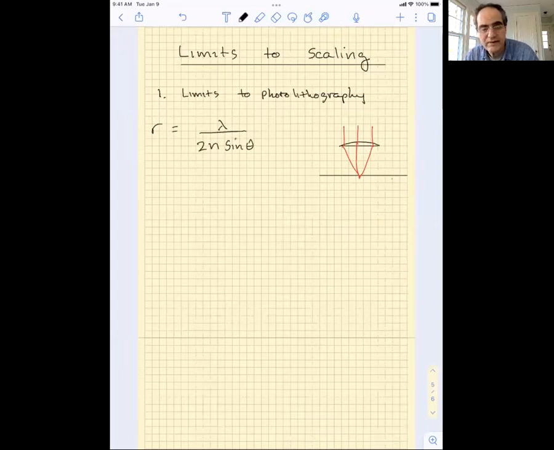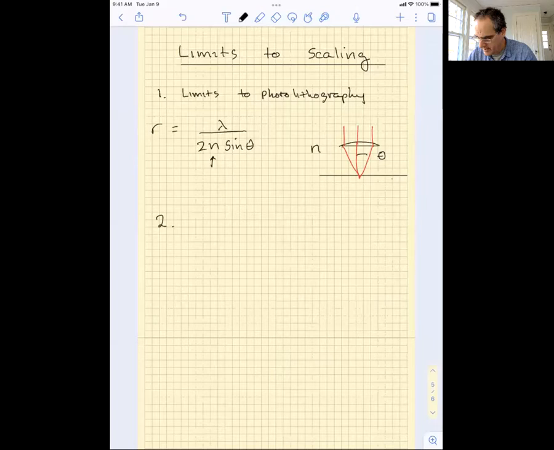So in this formula, lambda is the wavelength of the light. Theta is the convergence angle of the rays here. So having the light focus very sharply is better than having it focus over a narrow cone. And then n is the index of refraction of the medium in which we're doing the focusing. That occurs because the wavelength in the medium is really lambda naught over n. In any event, this, of course, is a fundamental limit.